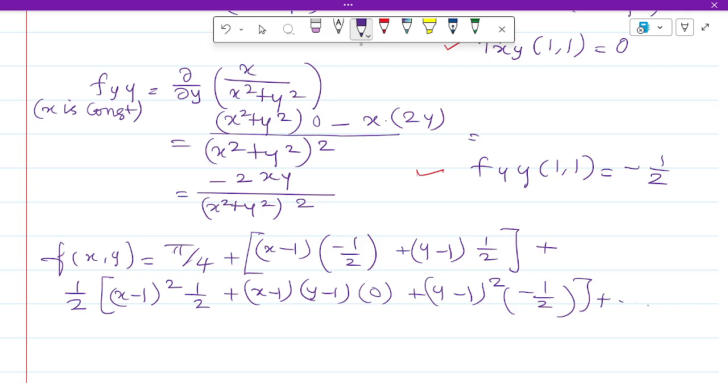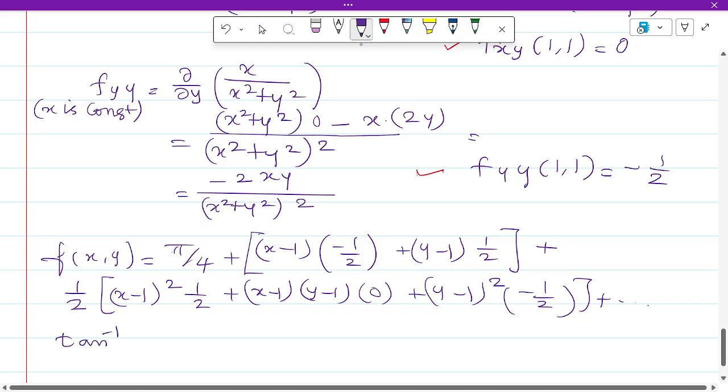So what is the final answer here? Tan inverse of y by x. What is f of x comma y?